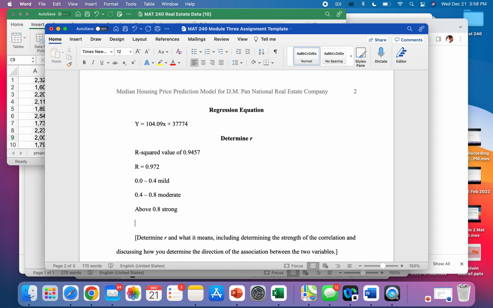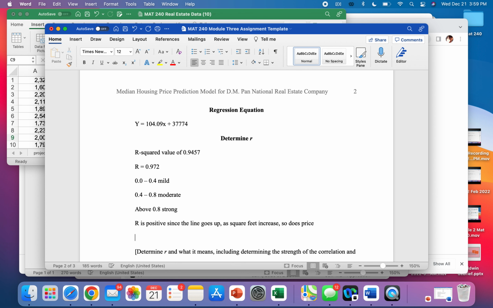Now, since the line goes up, R is positive. Since the line goes up, that means as square feet increase, so does price. So we have positive correlation here, and with a value of 0.9, it is strong.